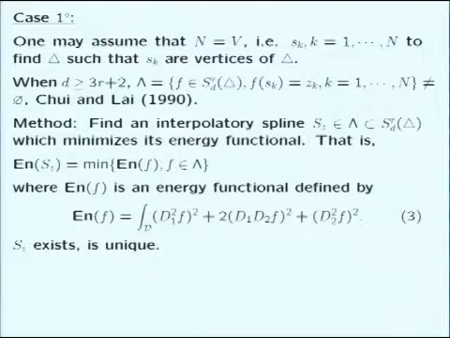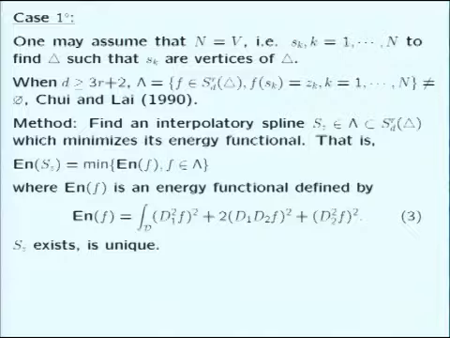So case 1, when you have roughly the same number of locations or observation locations of measurements and number of vertices. Say we can assume that the number of locations is equal to the number of vertices, and then we can interpolate. So that's the idea here.